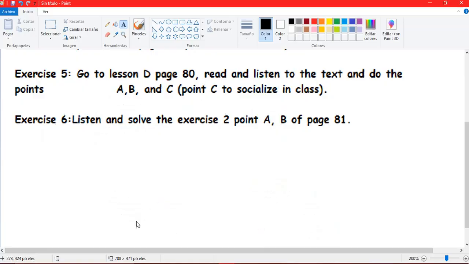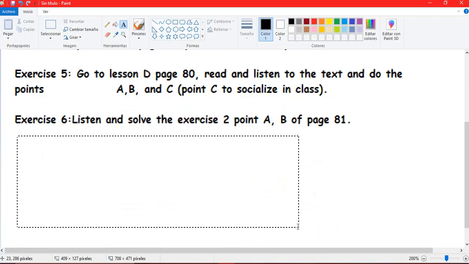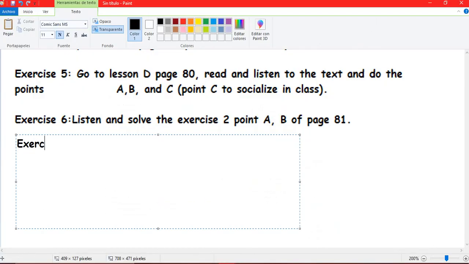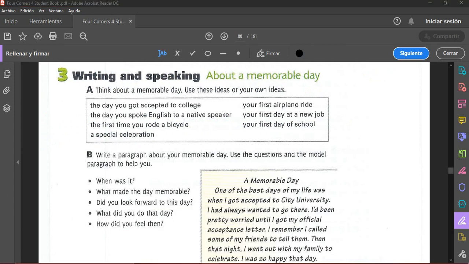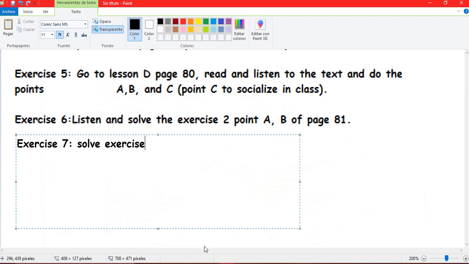So the final exercise, exercise 7. Okay, let's remember this is exercise 3. Yes, I was correct. Solve exercise 3, page 81.